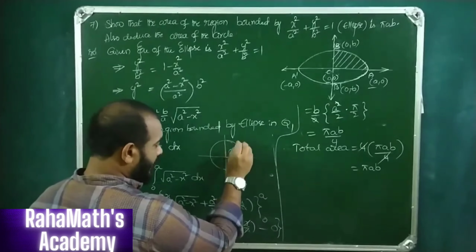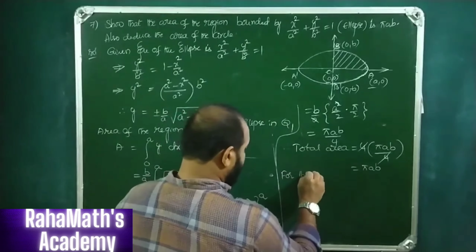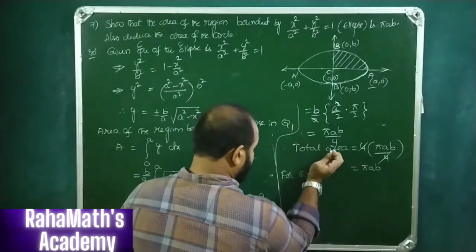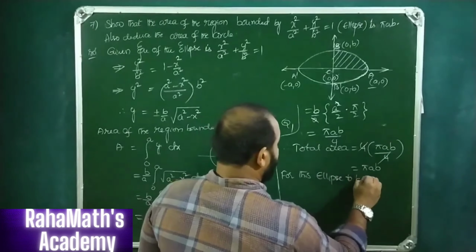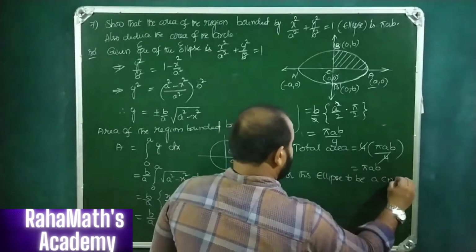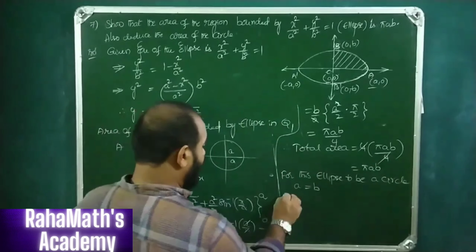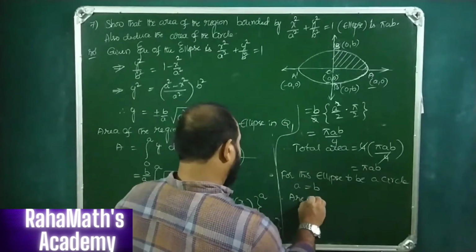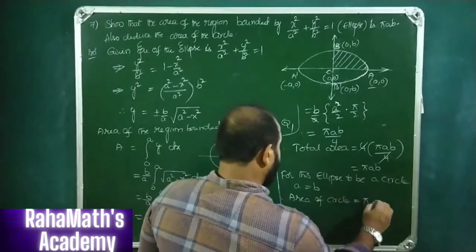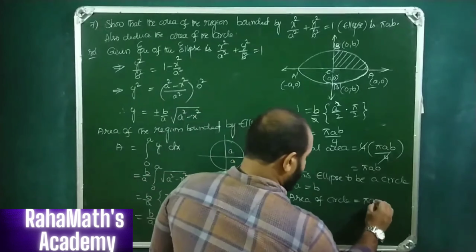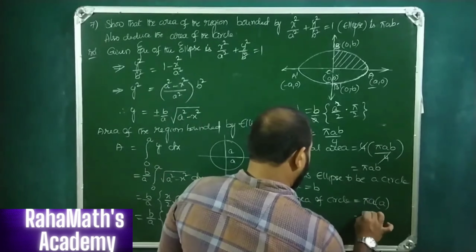So for this ellipse to be a circle, a is equal to b. Therefore, the area of the circle is equal to pi a, b is also a, so pi a square.